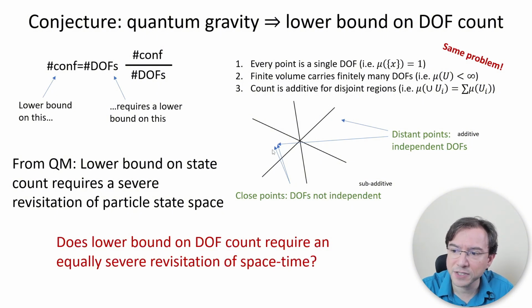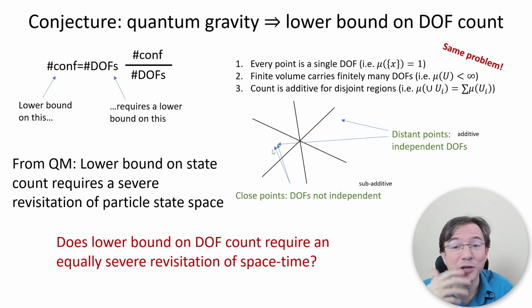But when they're close, then we are not going to expect those degrees of freedom to be independent, because you are below the Planck scale, and therefore you can't really set the value at one point independently from the value at the other point.